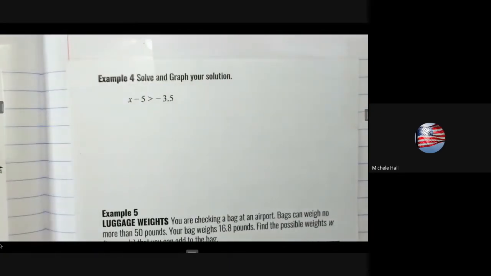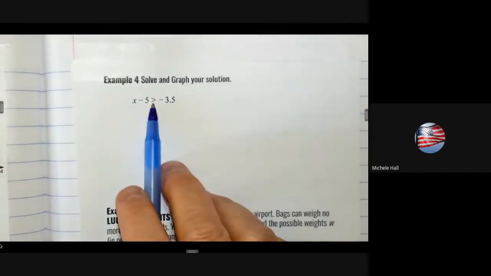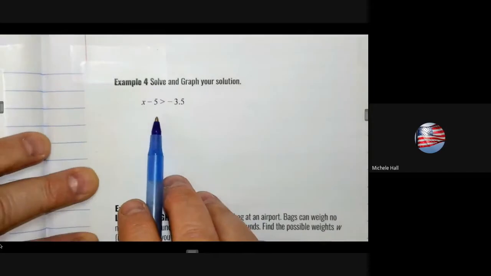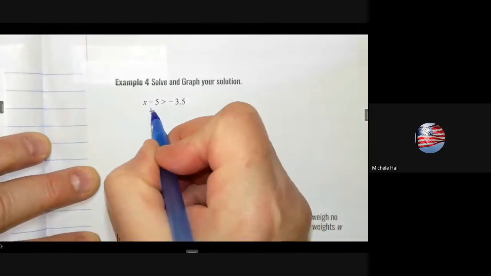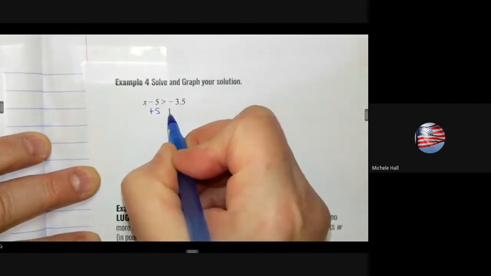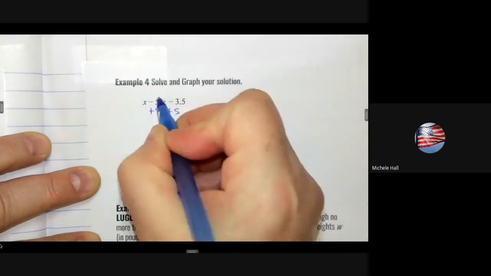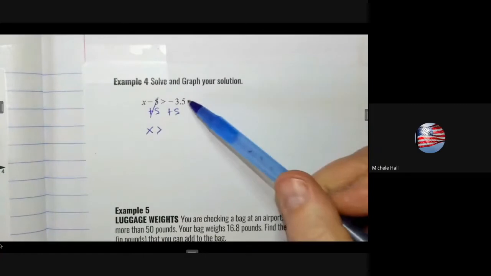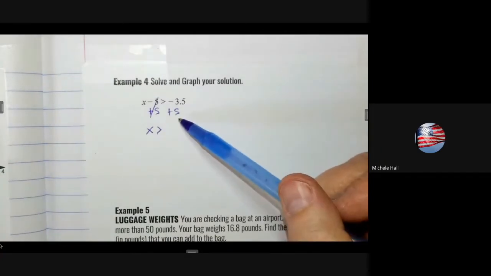We also have inequalities to solve. The same idea as solving if we had an equal sign. What's being done to the variable? It's being subtracted by 5, and the opposite of subtracting 5 would be to add 5. Add 5. We have x is greater than -3.5 plus 5.